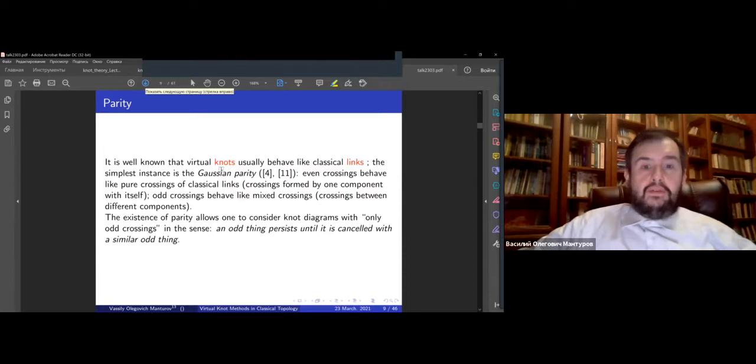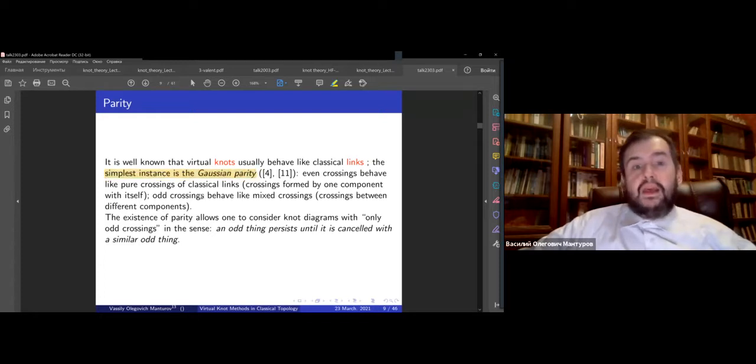Okay, so virtual knots behave like classical links, and the simplest instance of this difference is the Gaussian parity. We look at a Gaussian diagram and at a chord. This chord can be linked with oddly many chords or evenly many chords.